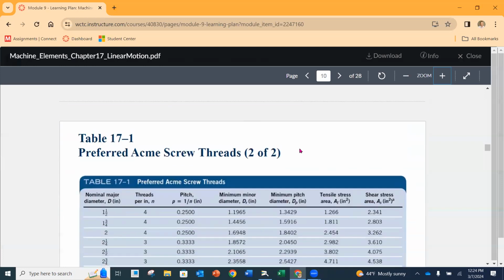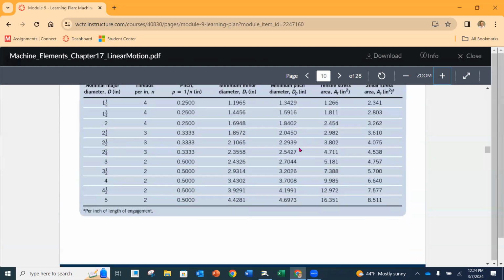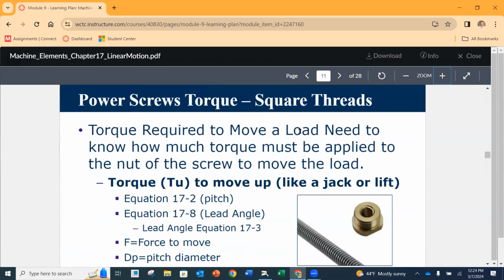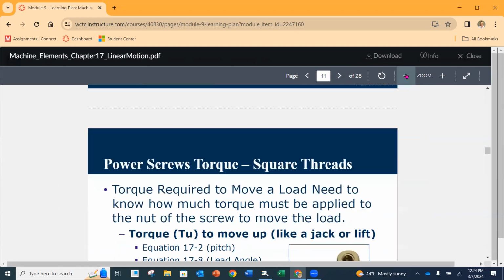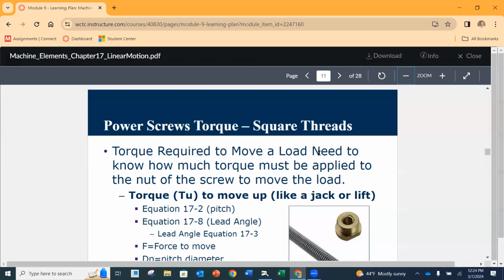Sorry. And this is just a continuation of that same chart to the bottom. Now, as we look here, this is looking at the torque. The torque required to move a load needs to be known when we are lifting it up and pushing it down.